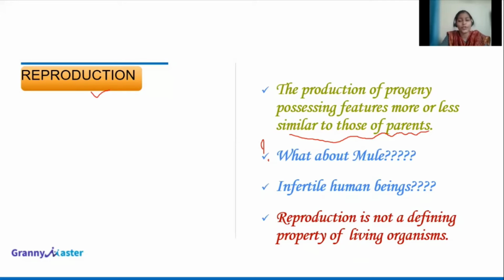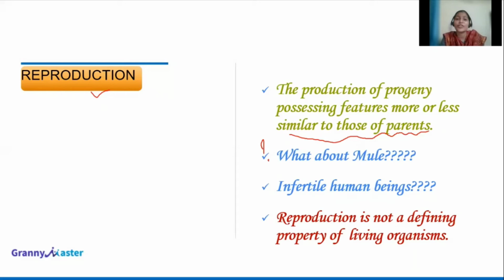Reproduction is also not a defining property of living organisms, because there are animals or human beings who do not reproduce. Does that mean that they are not living organisms? No, in no way is it connected.